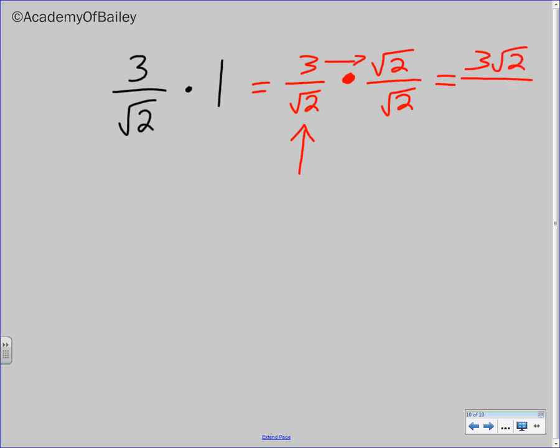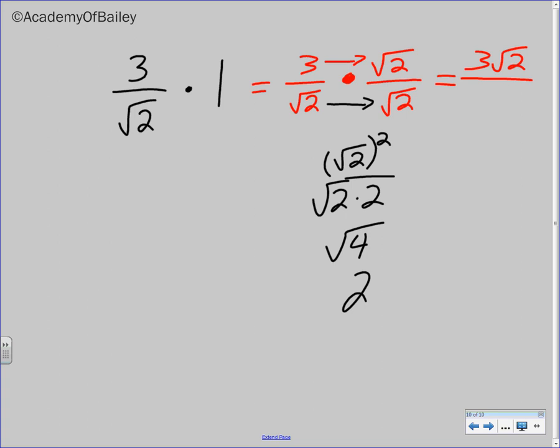And on the very bottom, the square root of 2 times the square root of 2 becomes this, but you should also recognize it as the square root of 2 squared. So on the bottom we really just put a 2 there. The square root of 2 times the square root of 2 is equal to 2. And so this should be your final answer, simplified form there.